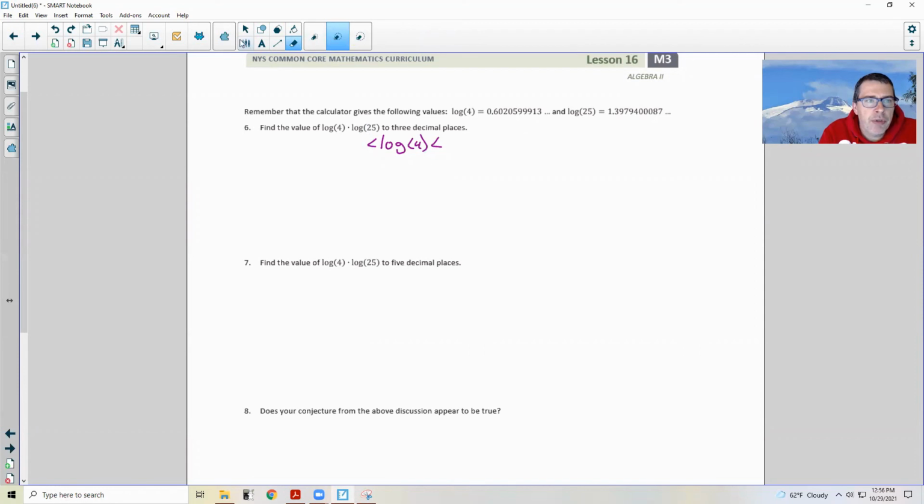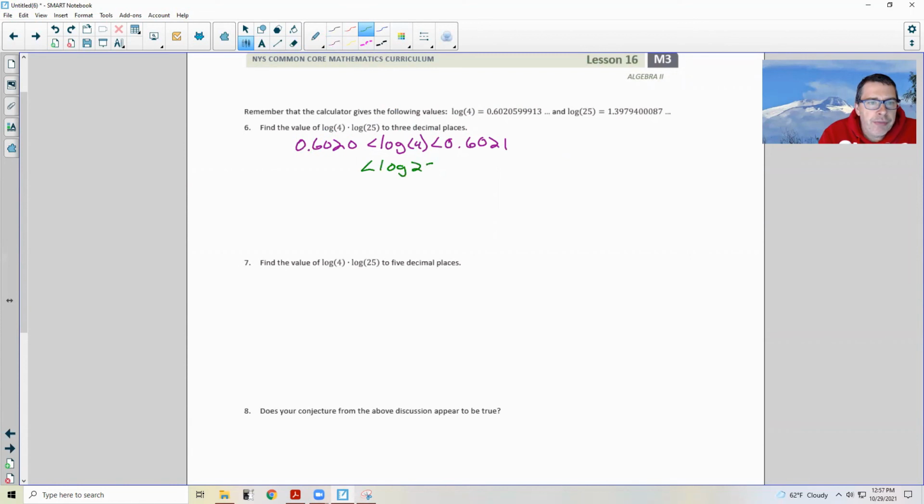So how about we just get rid of those equal signs? And if we're going to go to 3 decimal places, I need 4 in my approximation. So 0.6020 and 0.6021, rounding this up.